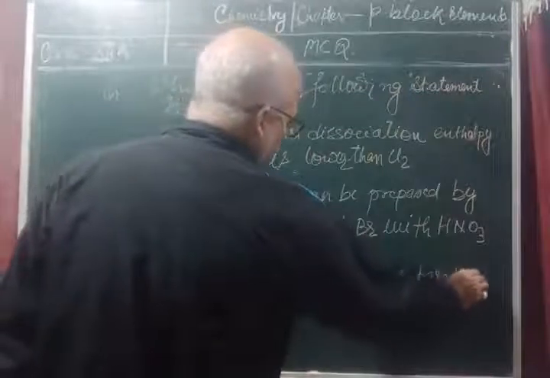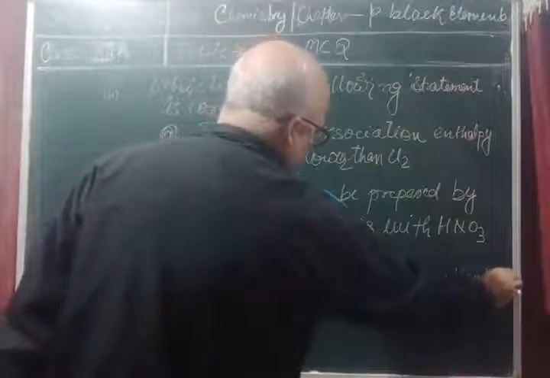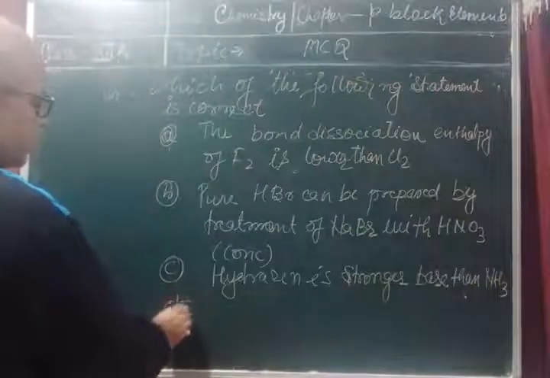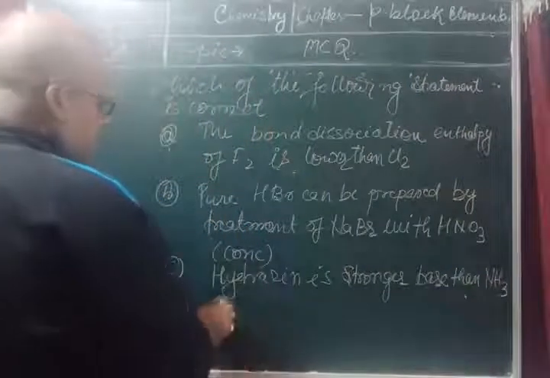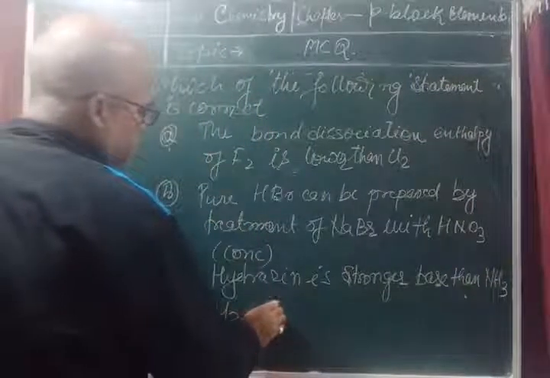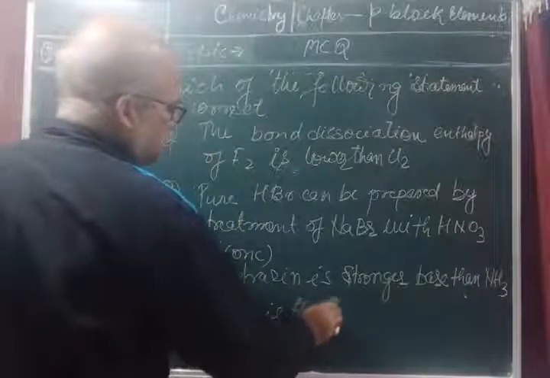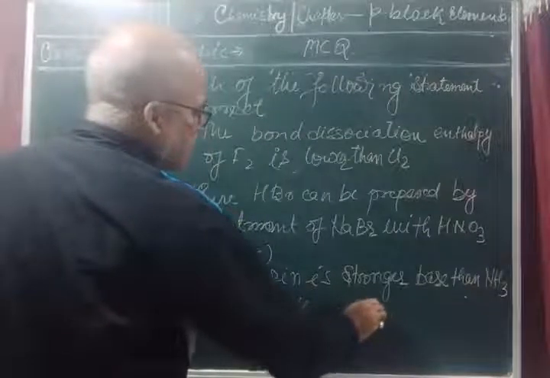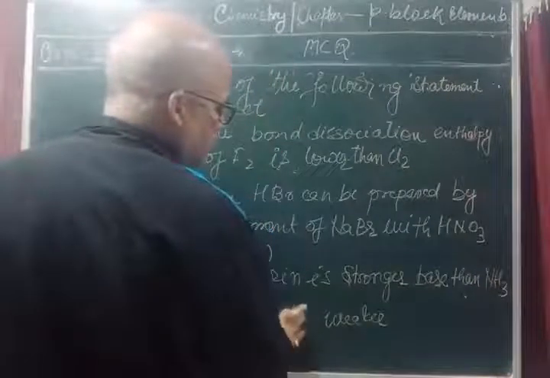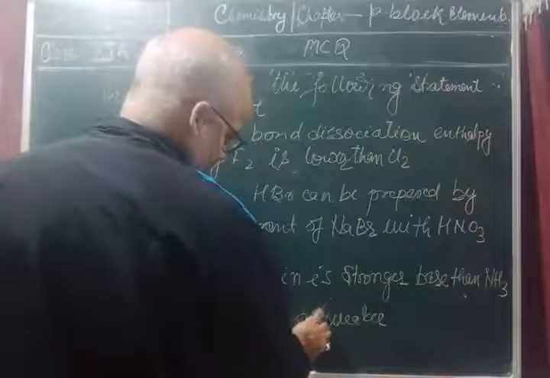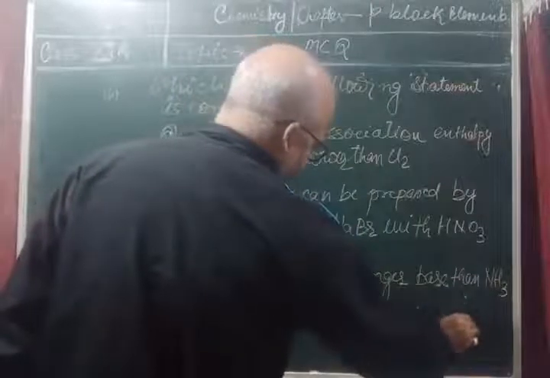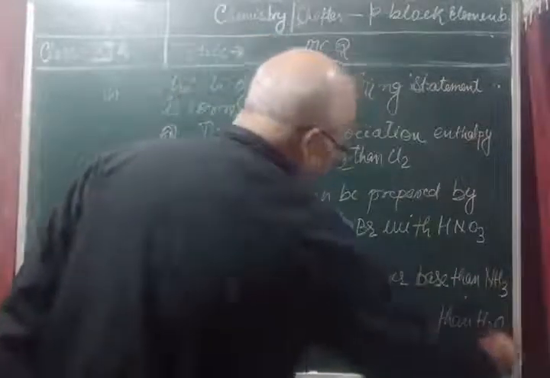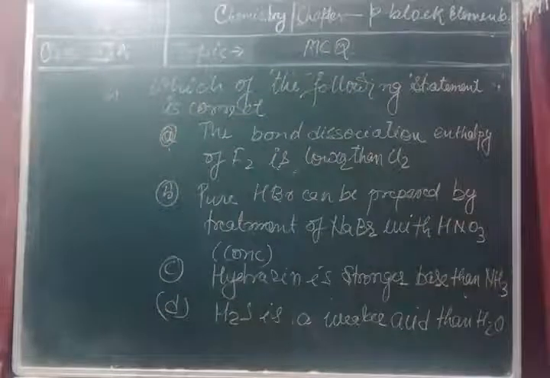And the last option is D: H2S is a weaker acid than H2O. These are the four options.